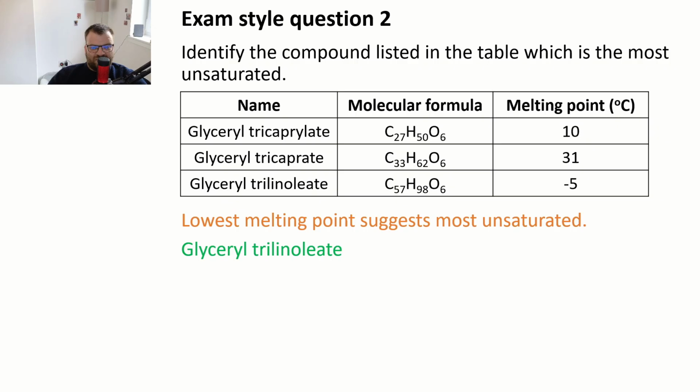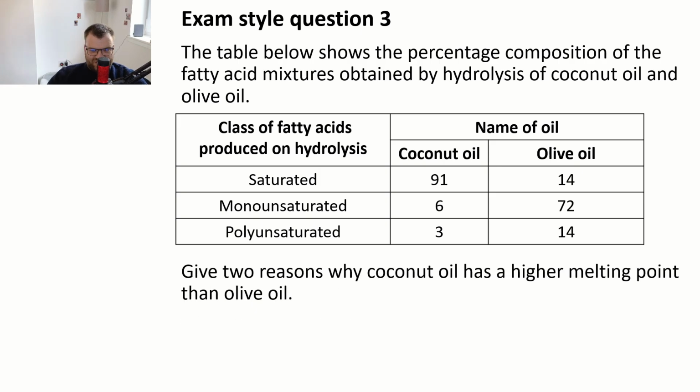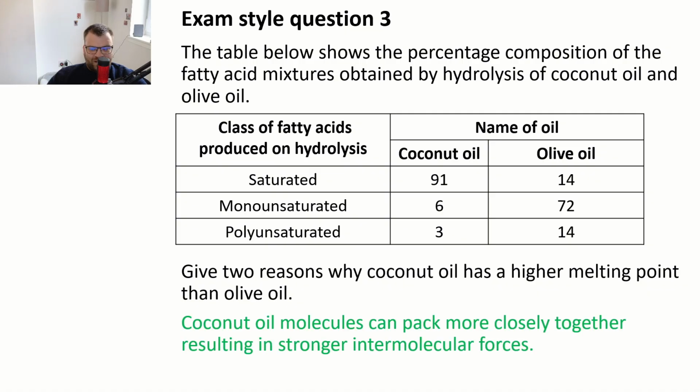In this question, we're told information about 2 different types of oil, and we're asked to explain the differences in melting points between them. We're asked about coconut oil having a higher melting point, so it's going to be more saturated. This means that the molecules can pack more closely together, and this results in stronger intermolecular forces.